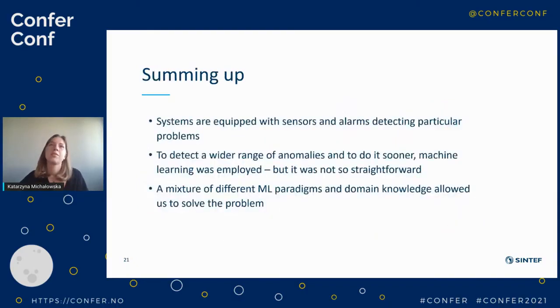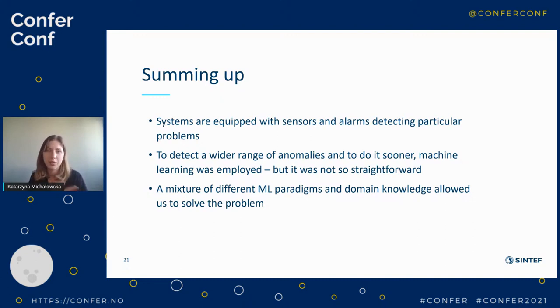And then, summing up our very small project, very small algorithm, we have got some maritime systems that were equipped with sensors and already had some alarms in place, but we thought that they were insufficient.